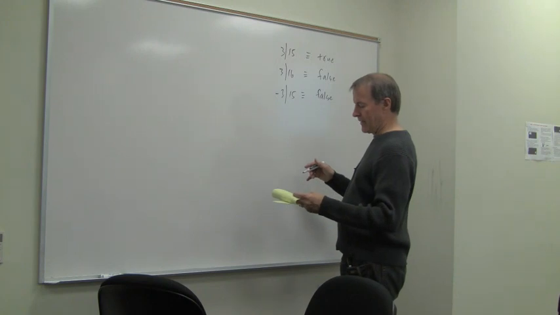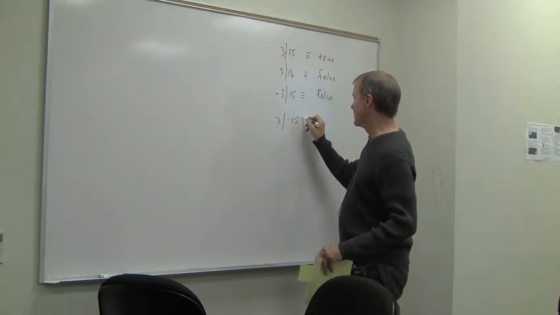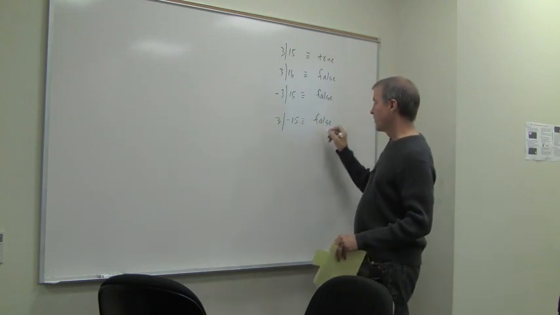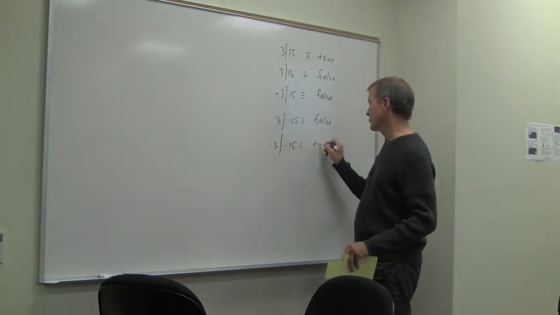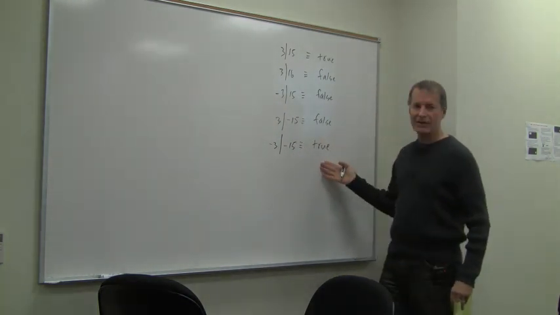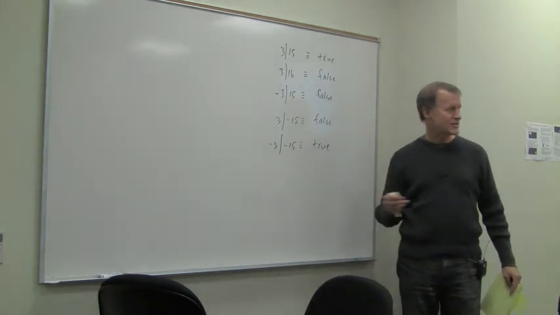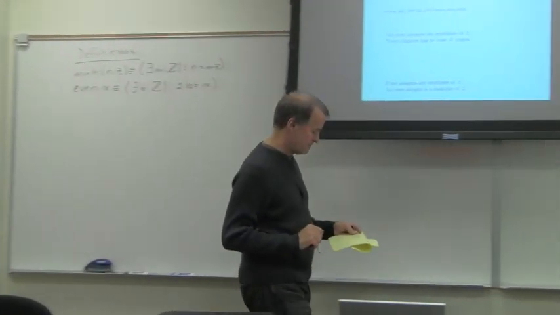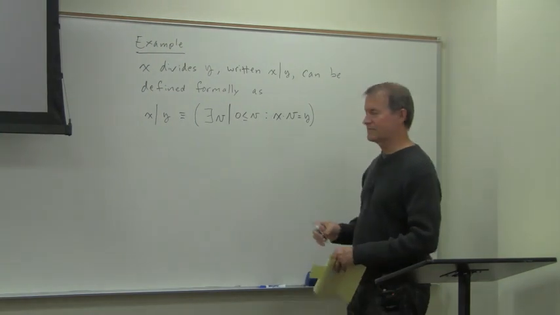What about 3 divides negative 15? False. But what about negative 3 divides negative 15? That's true. Now does everybody see, these are examples of this formal definition. Actually, there's another way to write this.